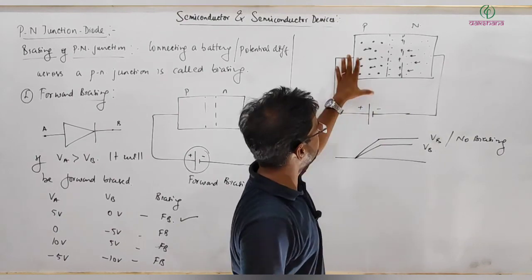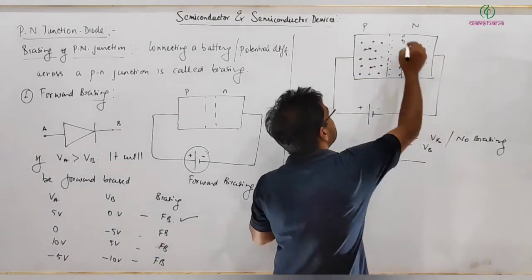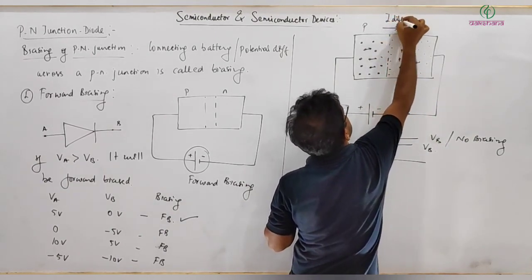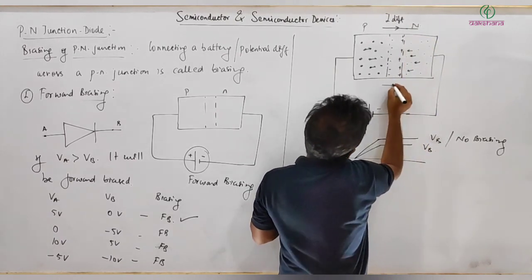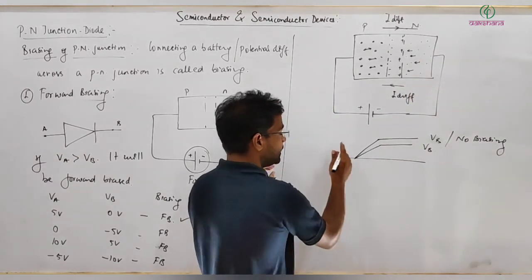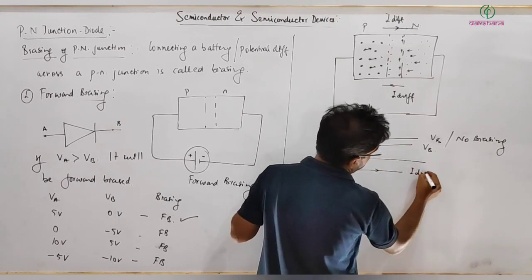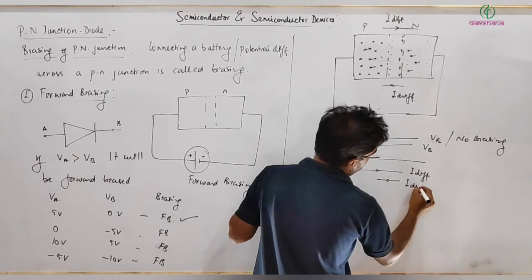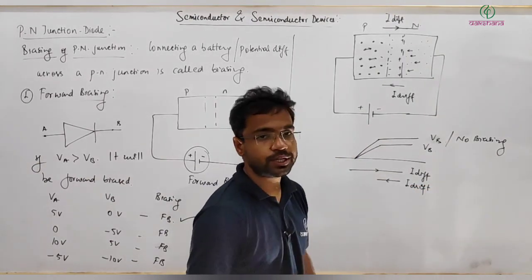In this situation holes will be pushed further to this side and electrons to this side. So overall there will be net current: the diffusion current increases and the drift current reduces. Here I diffusion and this is I drift. The drift current reduces to very small, and overall the diffusion current increases.